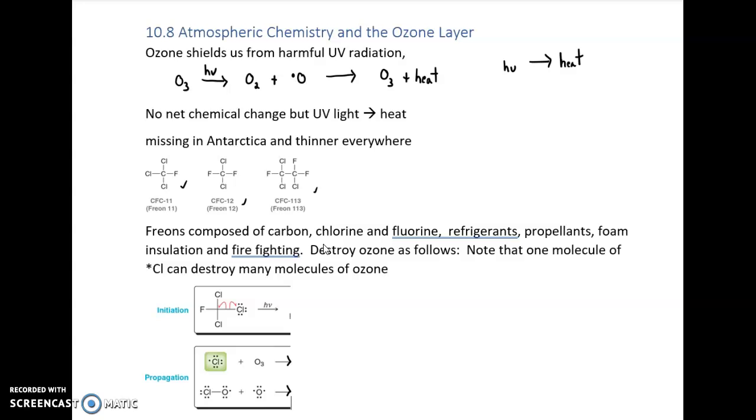So the initiation step is a homolytic cleavage, and we get chlorine, fluoride, and chloride, and it's a free radical, and we also produce the chloride free radical. The chloride free radical comes down here in the propagation step and reacts with the ozone and pulls off one of the oxygens and leaves us with O2.